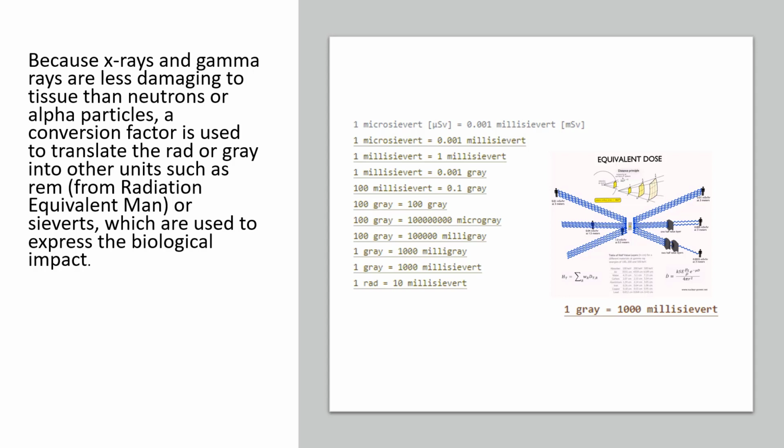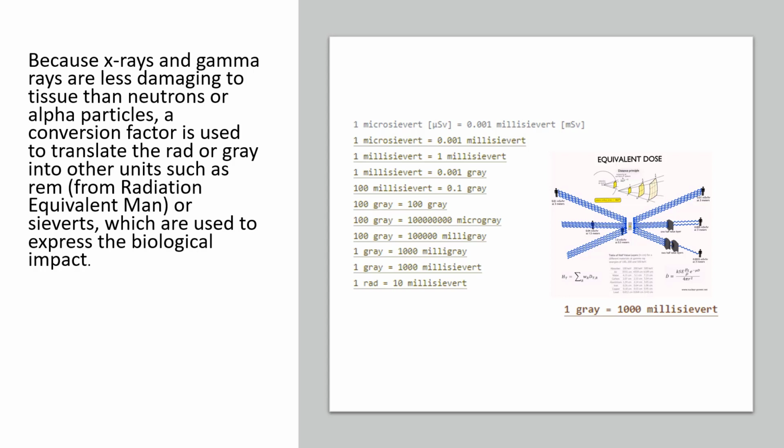Well, that's the absorbed dose, but there's also a difference between rad and rem, radiation equivalent in man. The rem, radiation equivalent in man, is also known as the sievert in the metric system.